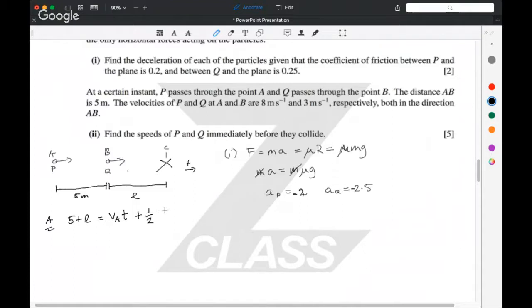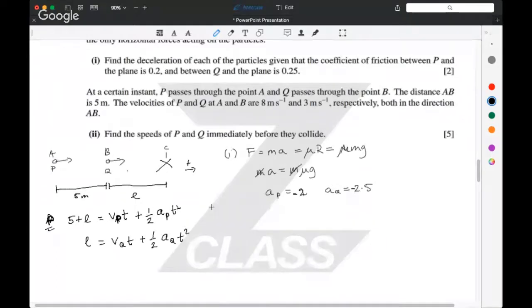So this is the motion of P rather, P, not A, A is just the point: s equals V_P t plus 1/2 a_P t squared. And what about the motion of Q? Well, it has to move L meters, and that's equal to the initial velocity of Q times T plus 1/2 the acceleration of Q times T squared.